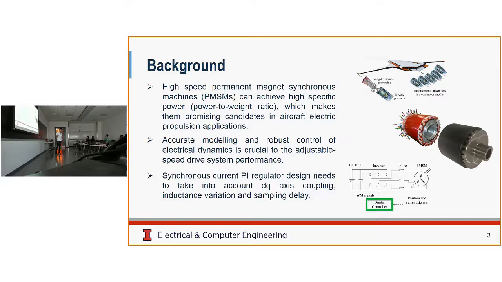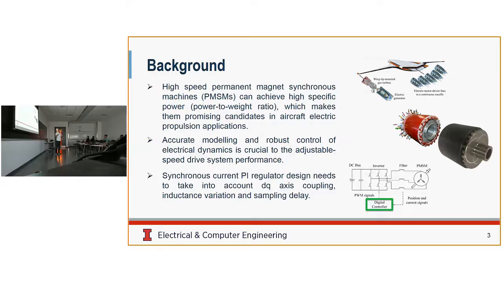So high-speed PM machines can achieve high specific power, which makes them good candidates in aircraft electric propulsion system applications. To make its application practical, we also need a power electronics converter to control it, to do speed regulation.